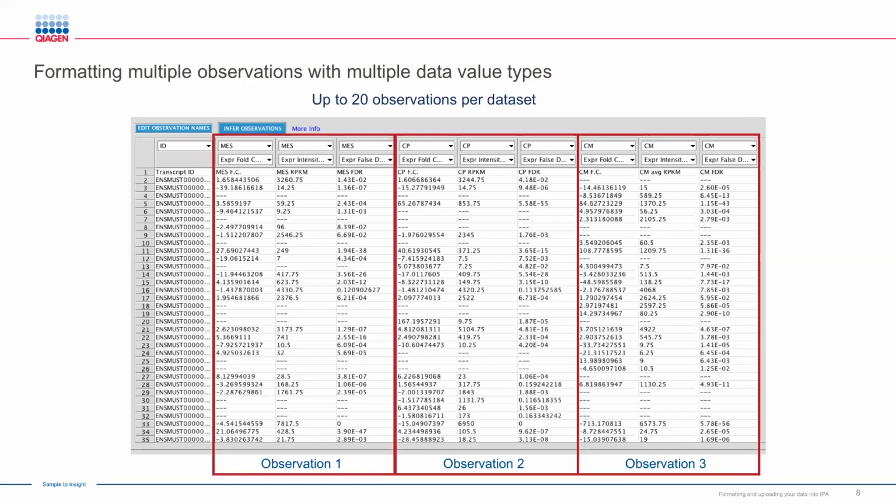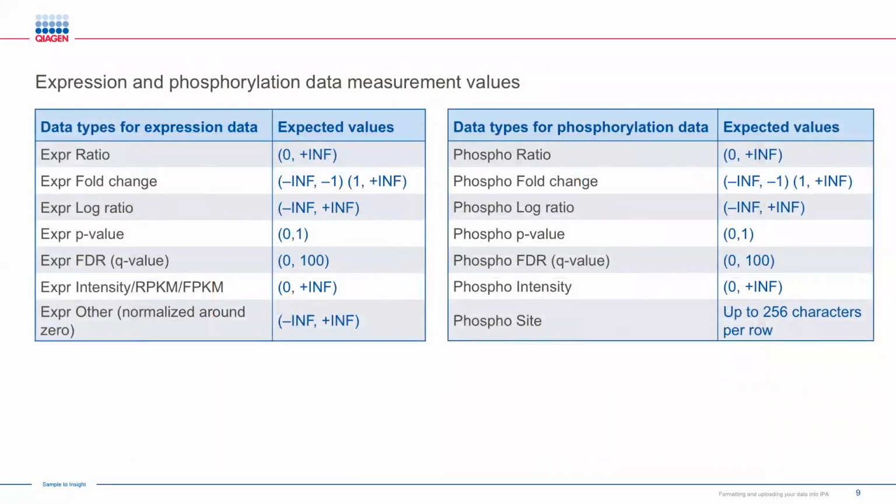So here's a list of data values you could use if you're doing expression or phosphorylation data. So our expression values are here, and the expected values are here, as well as phosphorylation with their expected values. And you can see that a lot of them are exactly the same. So we have ratio here, ratio here. There's 2 differences though.